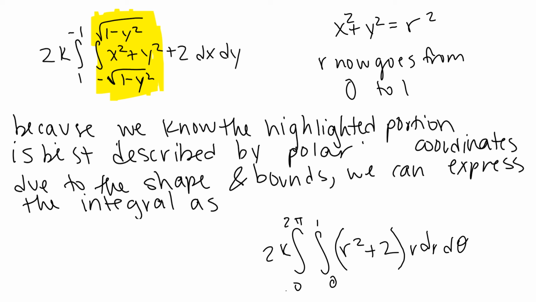So you can substitute that part of the integral in for r squared, and those bounds are also represented by just 0 to 1 in r. Because that's well represented by polar, we're able to simplify this equation and end up with the below integral, which is easier to solve.